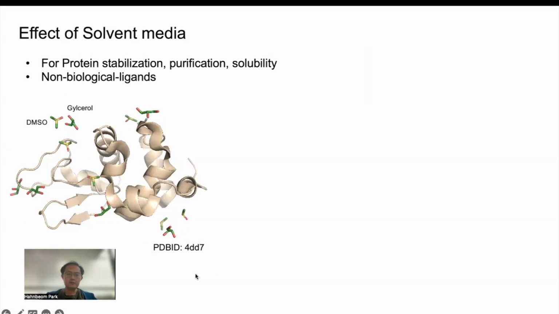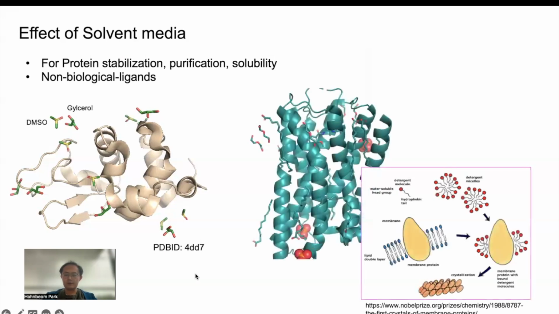Now, this is for soluble proteins. The same story holds for membrane proteins. For membrane protein structure determination, people use what are called detergents, and detergents mimic the membrane bilayer condition. These detergents are quite hydrophobic on one side and hydrophilic on the other side, so you can stabilize the membrane protein without using an actual lipid bilayer.